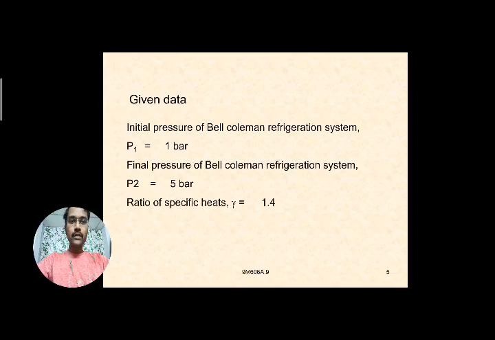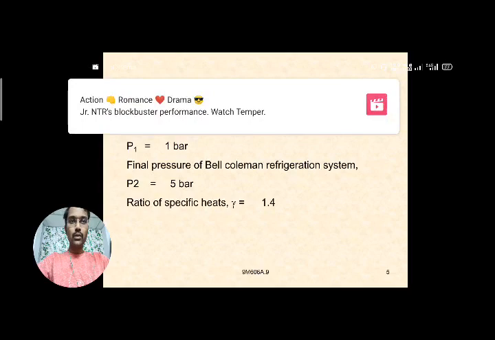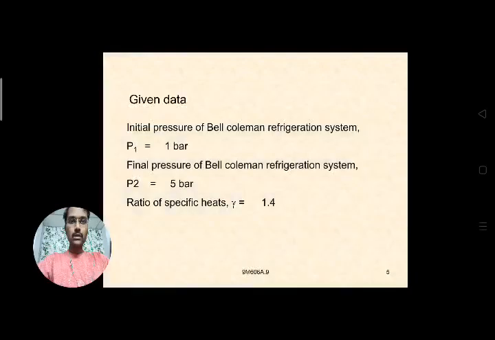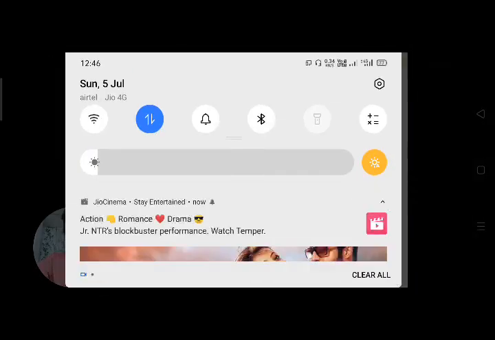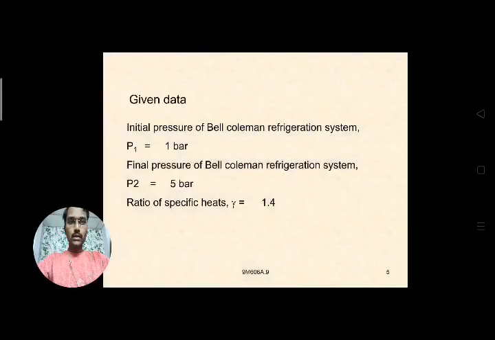Next, the ratio of specific heats, gamma, is equal to 1.4, and the pressure ratio, the ratio between the final pressure and the initial pressure, is P2 by P1, which is equal to 5 by 1, that is 5. So the pressure ratio is 5.